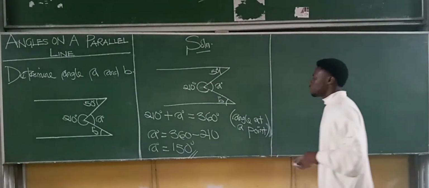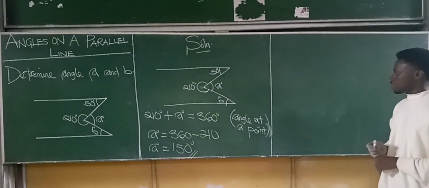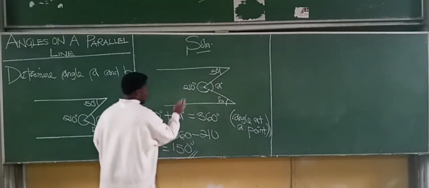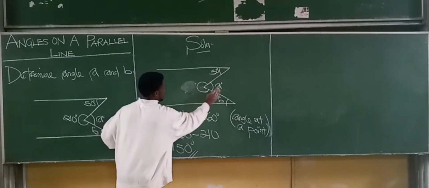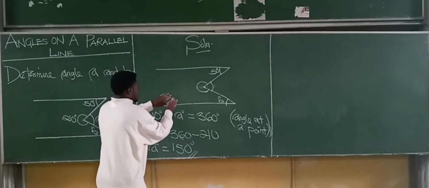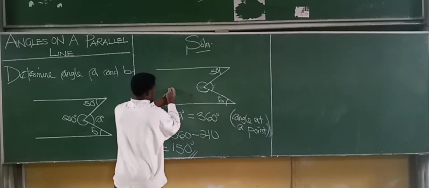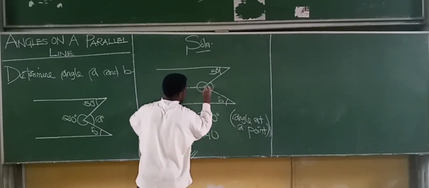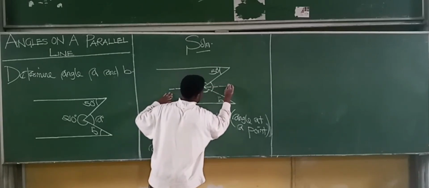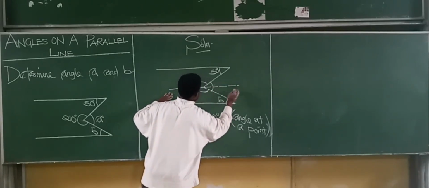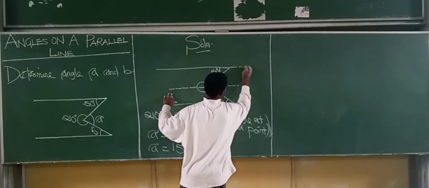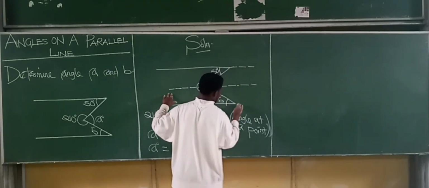To determine the value for B, we have to reconsider the diagram on the board. Let's reconsider the diagram. Let's produce the diagram by drawing a parallel line equals to this.